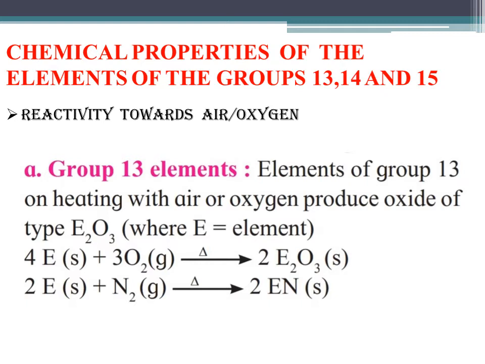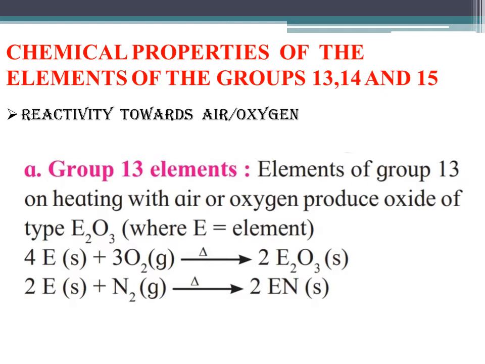Over here this oxide E2O3 will remain the same for all the elements of group 13. Here E represents element, so we are talking in terms of group 13 elements. E can be either boron, aluminium, gallium, indium or thallium. So E is represented in a general form.